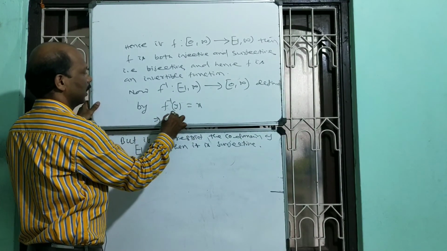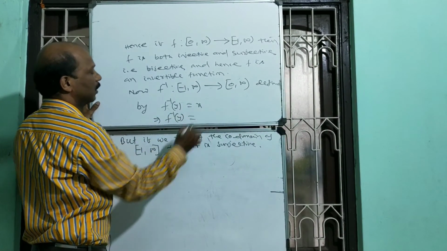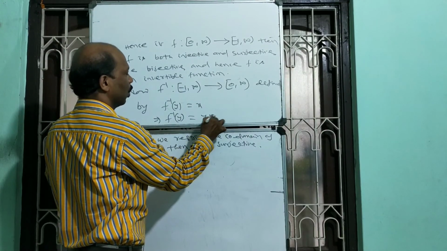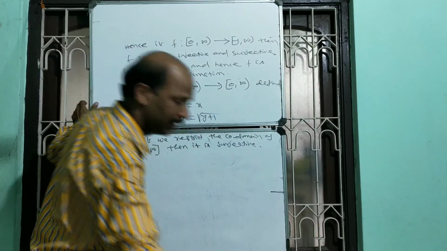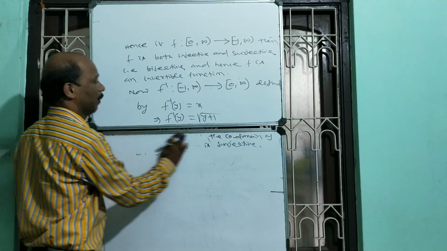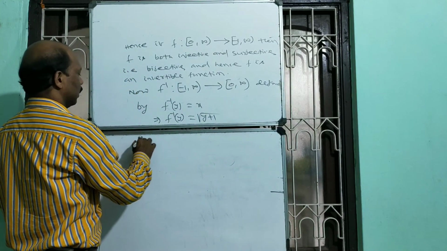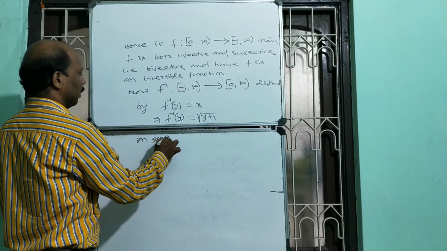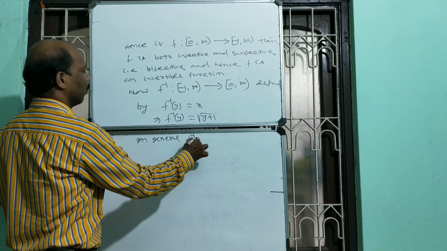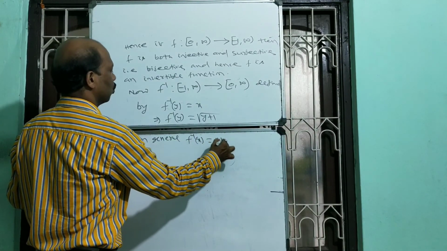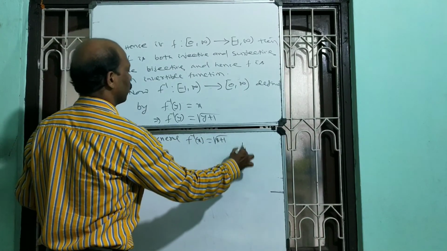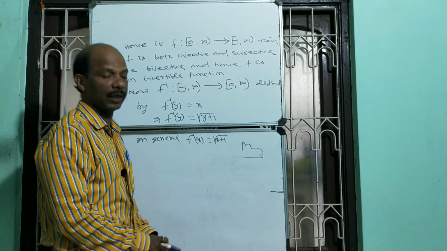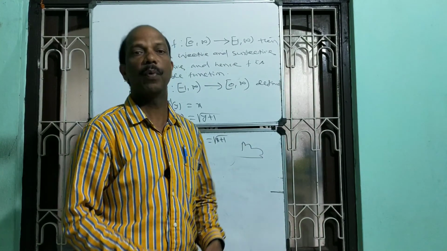That implies f inverse of y is equal to root over y plus 1. In general, f inverse of x is equal to root over x plus 1. Okay, this is all about invertible functions.